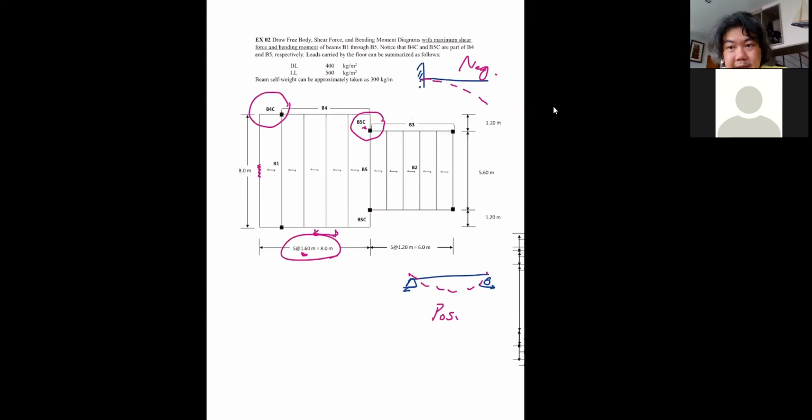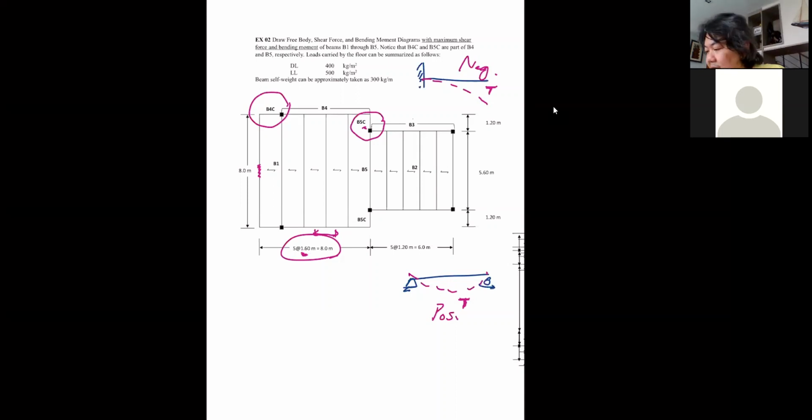So that means the details, especially in concrete for reinforcement, are going to be different. Because positive means the tension is down below, correct? You guys had that from mechanics of materials, right? And for negative moment, tension is up here on top. So the details of reinforcement are always different.